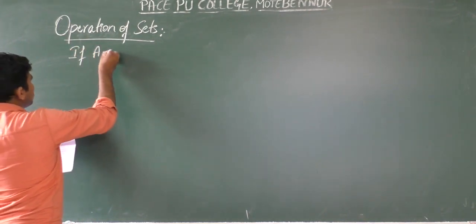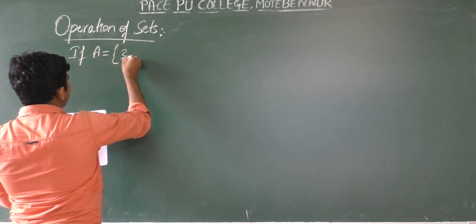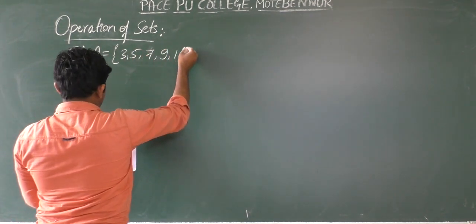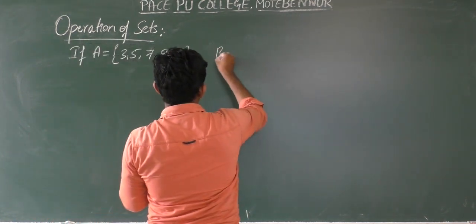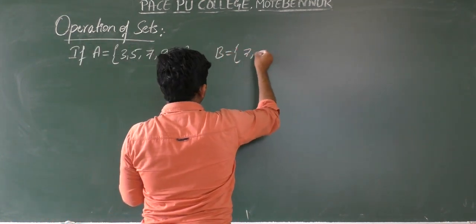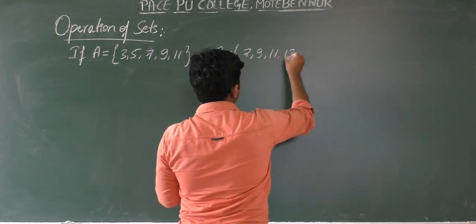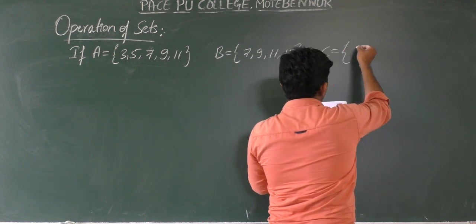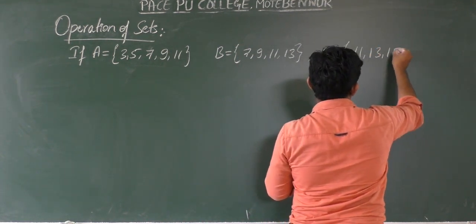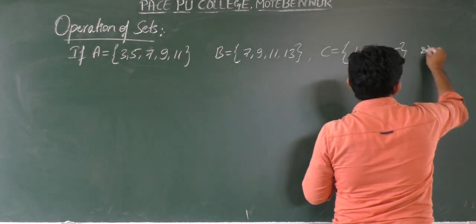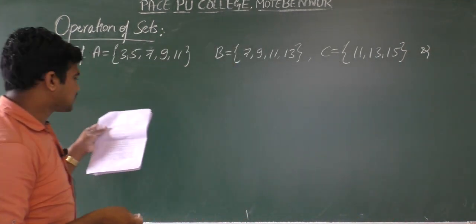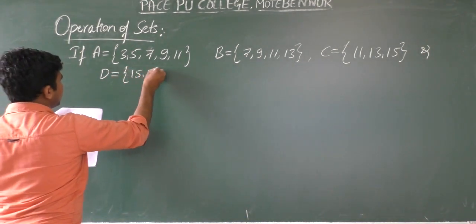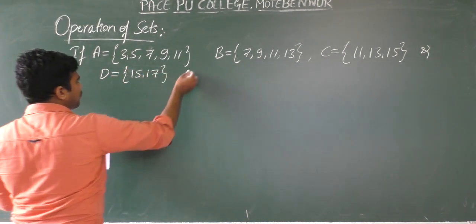If A is the set of all 3, 5, 7, 9, 11, B is the set of all 7, 9, 11, 13, C is the set of all 11, 13, 15, and D is the set of all 15, 17, then find the following.